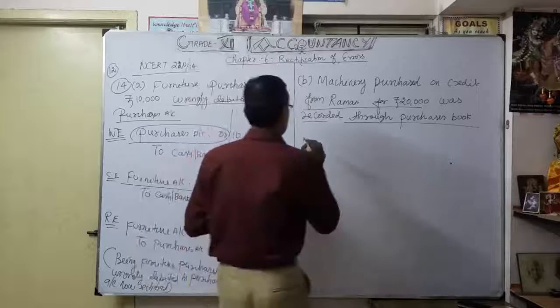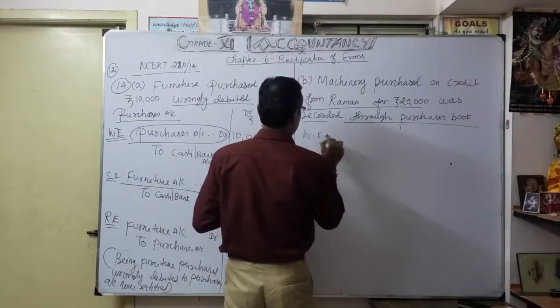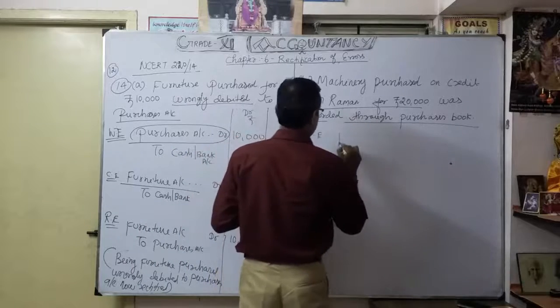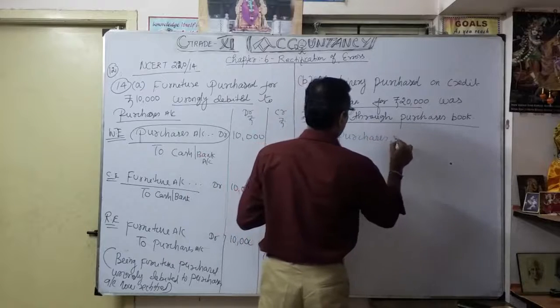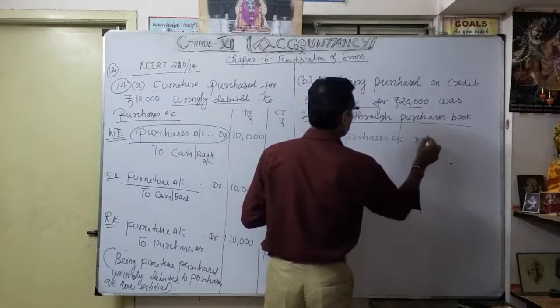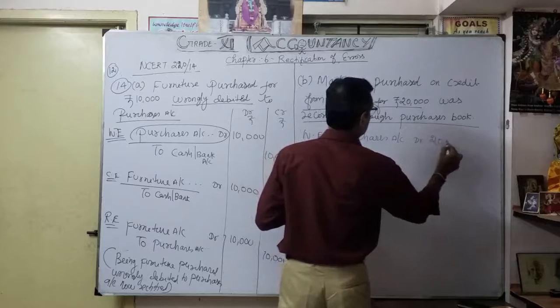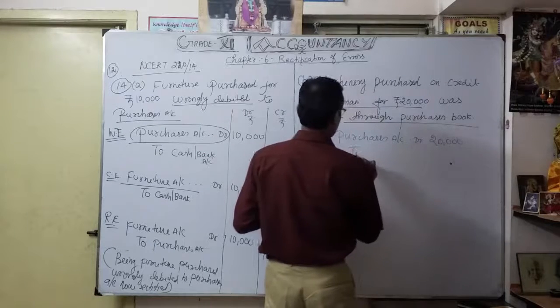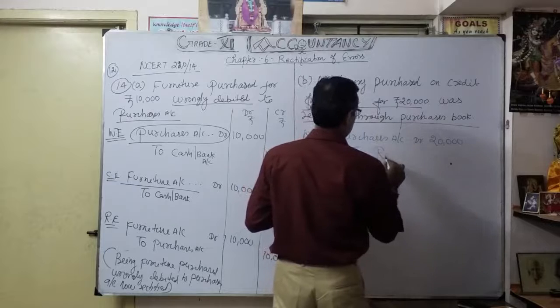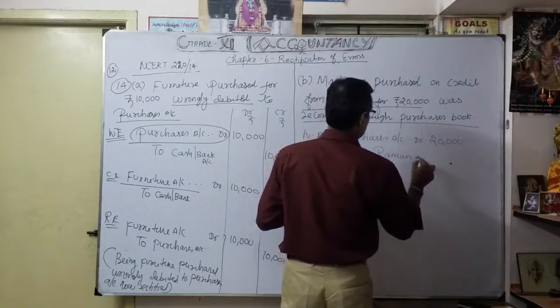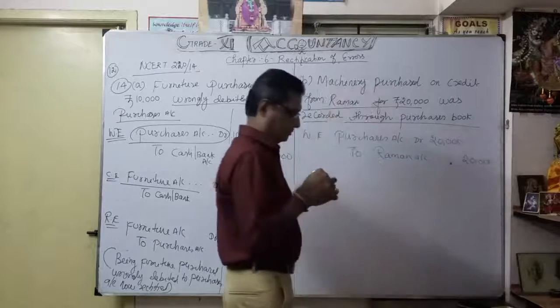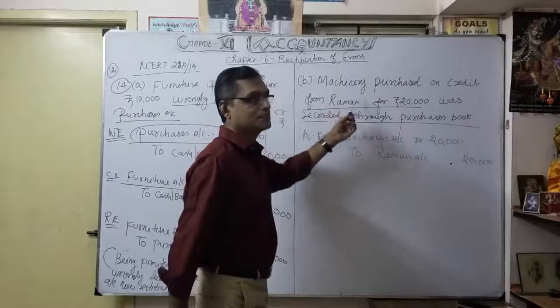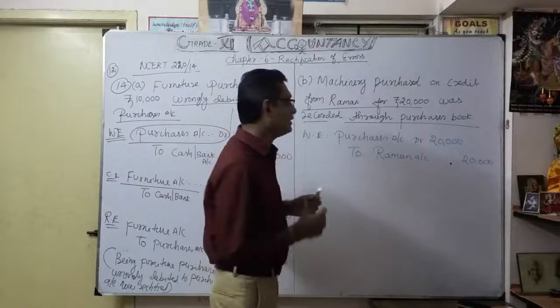So what is the wrong entry? Purchases account debit 20,000 to Raman account. He purchased from Raman, but he purchased machinery, and they recorded it as purchases.